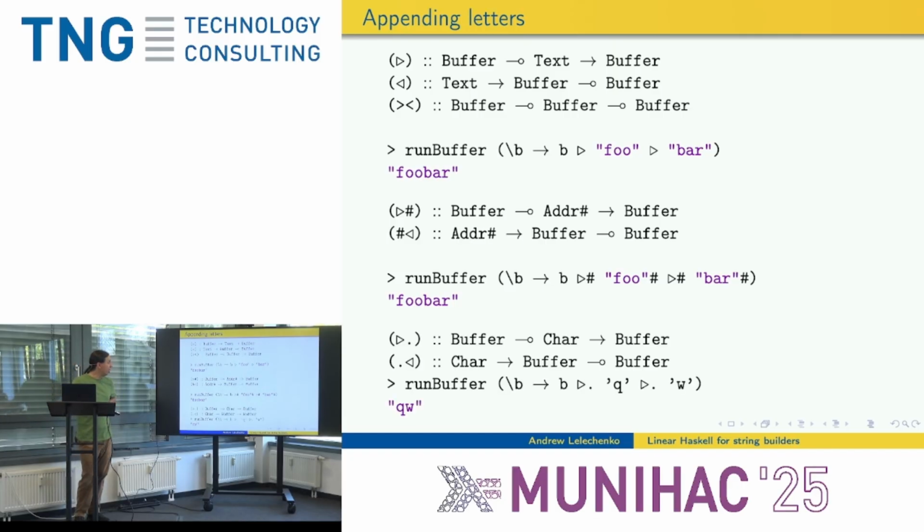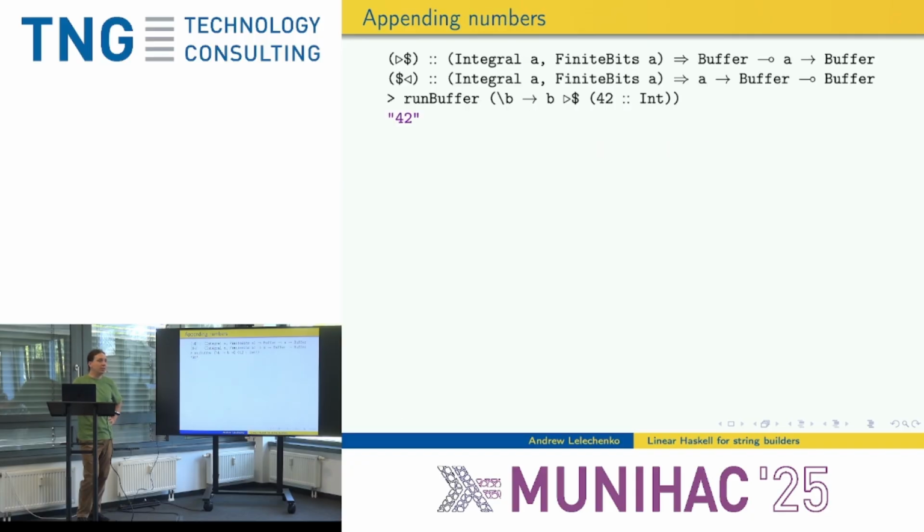You can also append characters in a straightforward way. Then we have a lot of functions which append numbers. I think I got a bit crazy with these operators, but I decided that if you can define custom operators, you must. If you have a bit of money, and it's finite, and it fits into a finite-sized number, you have this function. Why do we care that it's finite bits?